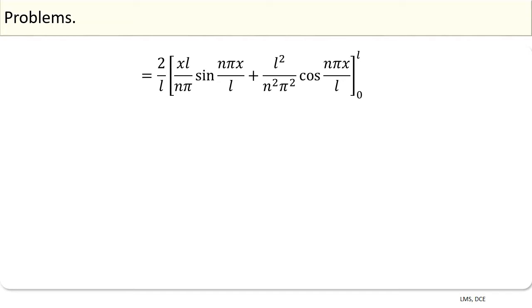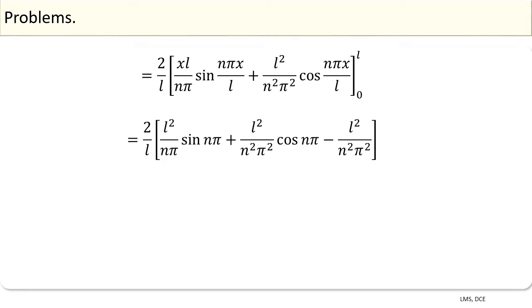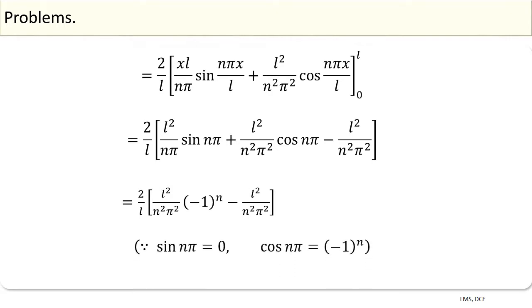By applying upper limit l and lower limit 0, we have 2 by l of l square by n pi into sin n pi plus l square by n square pi square into cos n pi minus l square by n square pi square. Since we know that sin n pi is equal to 0 and cos n pi is equal to minus 1 to the power n.